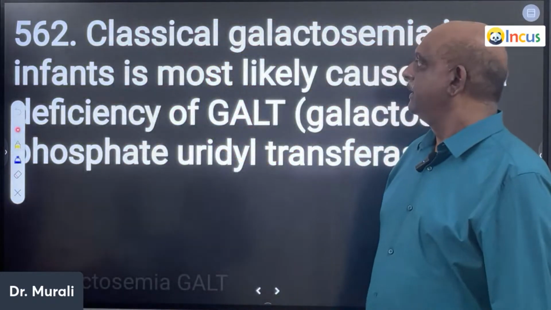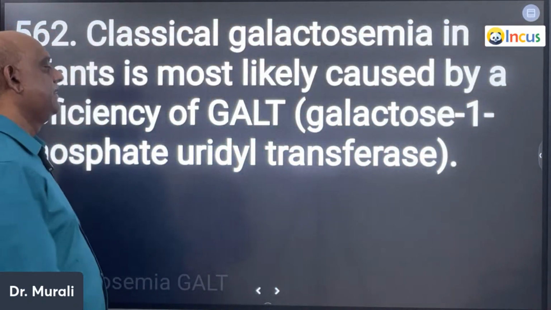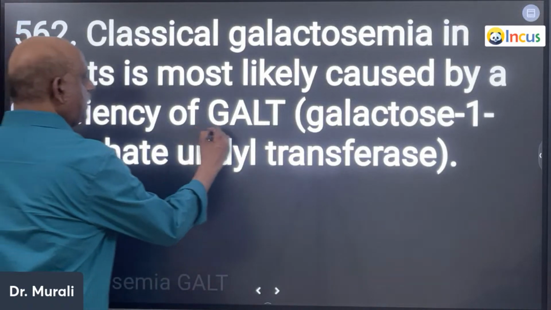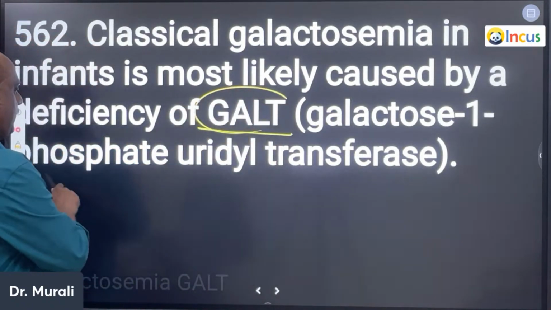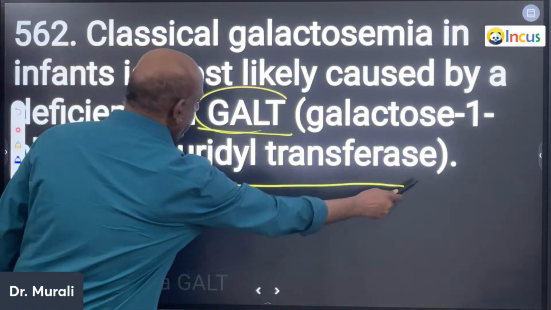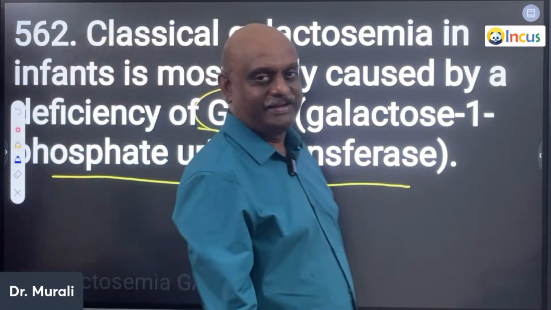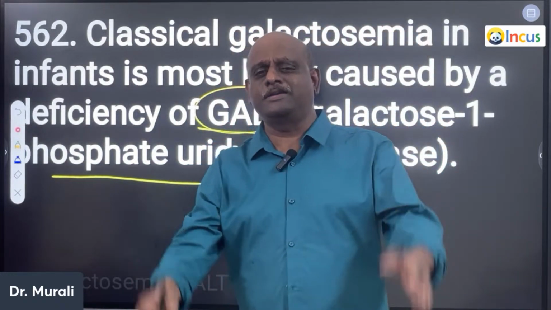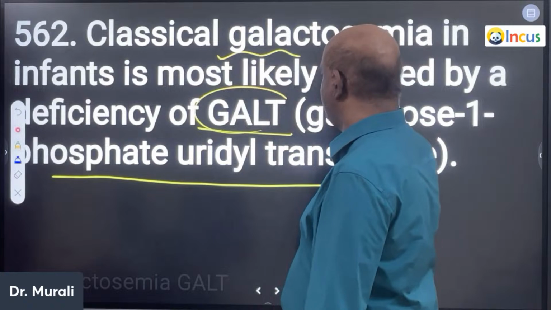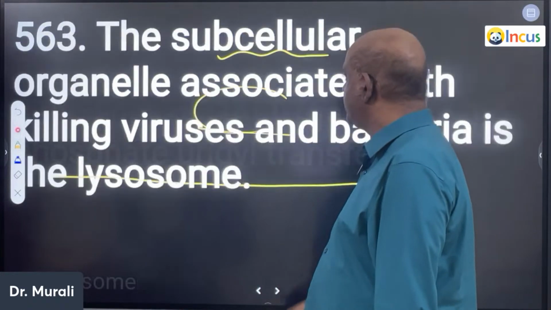Now, classical galactosemia is caused by which enzyme, doctor? GALT deficiency. GALT is also called galactose 1-phosphate uridyl transferase. Galactose 1-phosphate uridyl transferase deficiency is classical galactosemia.